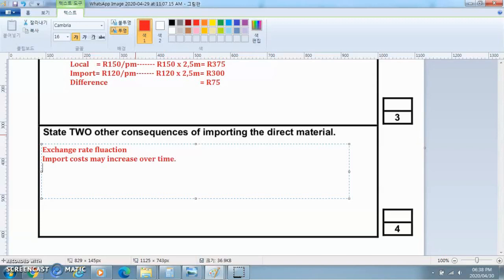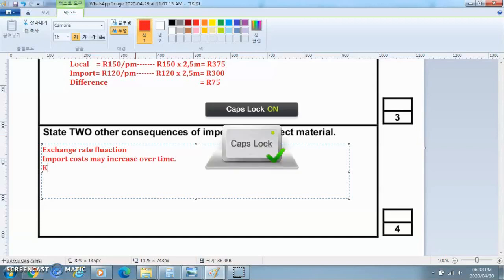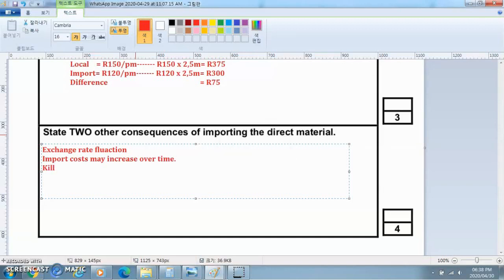Okay, and then another one you can say is that imports are not good, especially for our economy in South Africa, as it kills local businesses. You get it? Because it's more like supporting local producers, right? So if we decide to buy outside because it's cheaper, we're actually killing our own economy, killing others who are willing to produce and help us out.